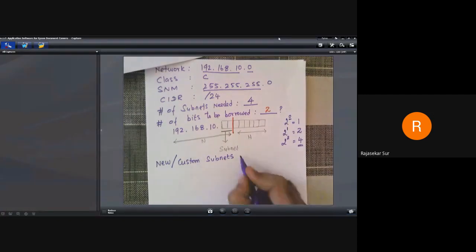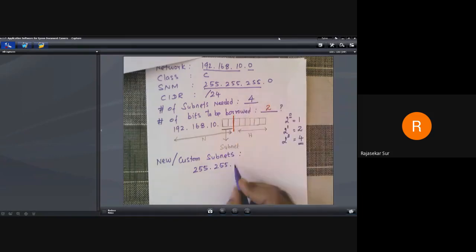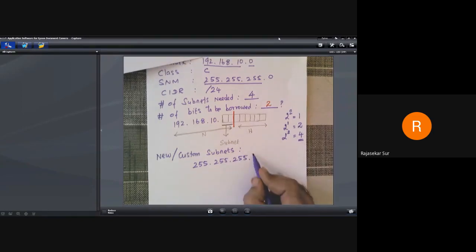You can see the first part, no change. The second part, no change. The third octet, no change. But in the fourth octet, we borrowed 2 bits, so these 2 bits I'm going to make 1, 1.